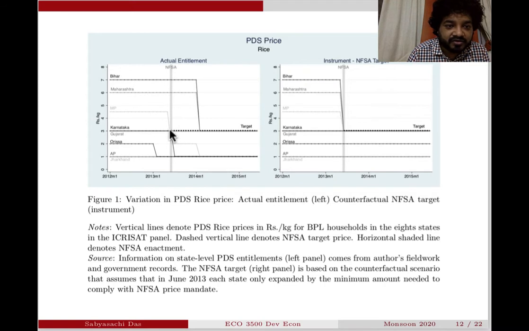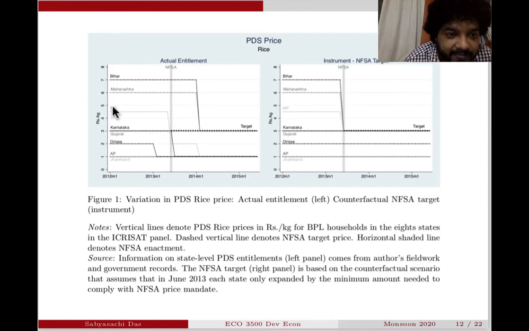Now in 2013, that's when NFSA came in. They should have reduced it to 3 rupees, but they didn't. They took some time, so they changed in 2014. So next year they only went down to the stipulated amount.